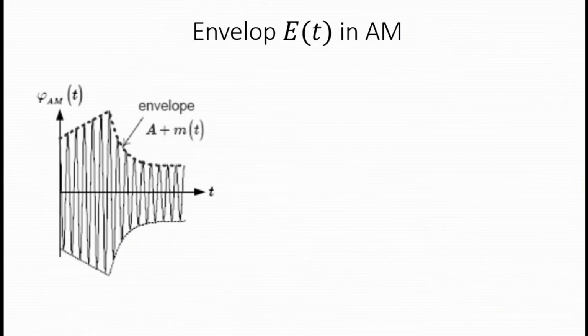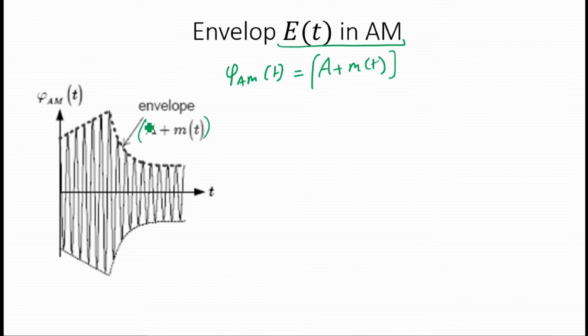So we were discussing the envelope E of t in AM, right? And herein we are saying that we are having A plus m of t, right? So let me write again what is phi am of t, and this is simply A plus m of t, and this is actually the envelope.